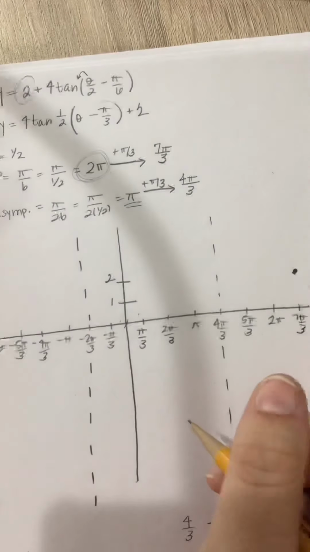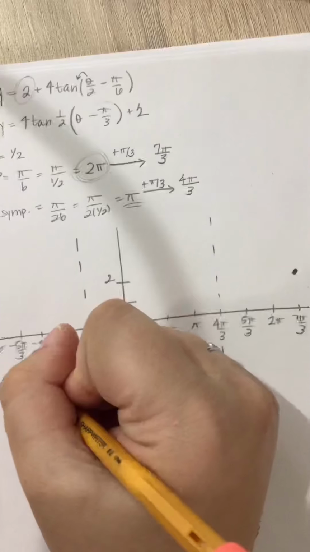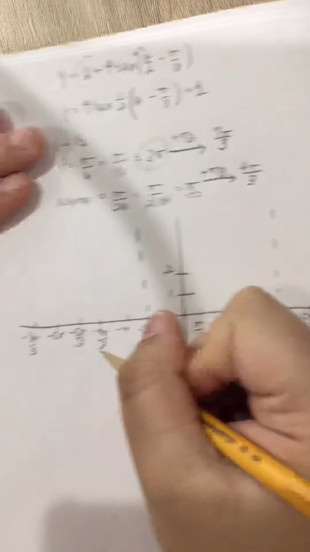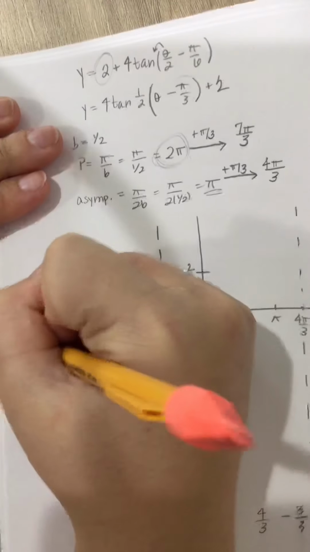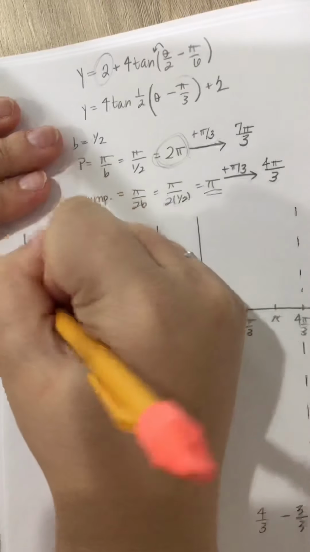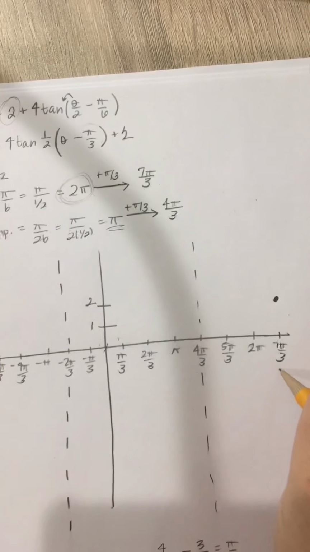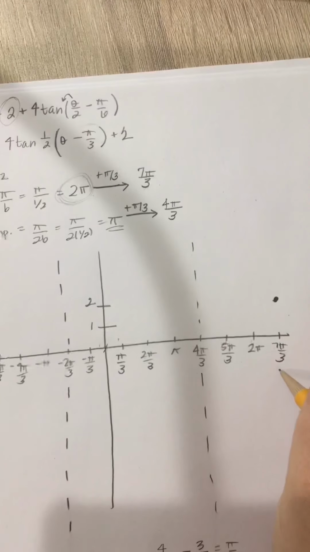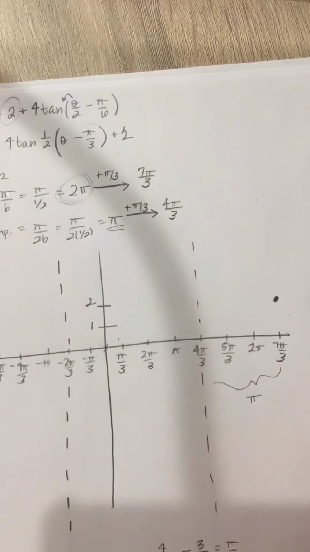Okay, so then what would be minus another pi? Well, that would be negative 5 pi over 3, but remember we're doing every other one, so it would actually be negative 8 pi over 3 that would be your next one. Okay, so from your starting point to your next asymptote should be pi units, and that is true.